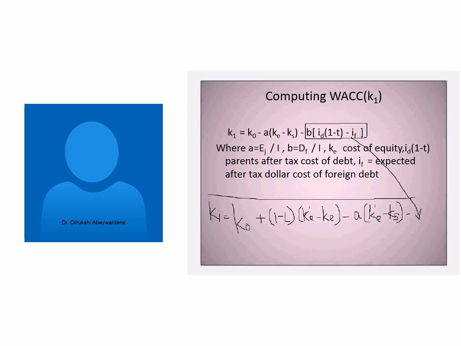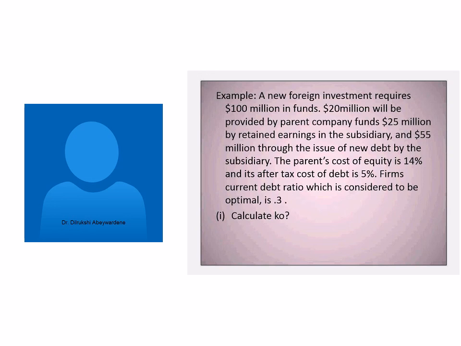We have to consider the additional risk associated with the additional cost of equity associated with the new project, right? So we'll do one example on this. That's why we add this part here. Right, a new foreign investment. This example is to explain that.